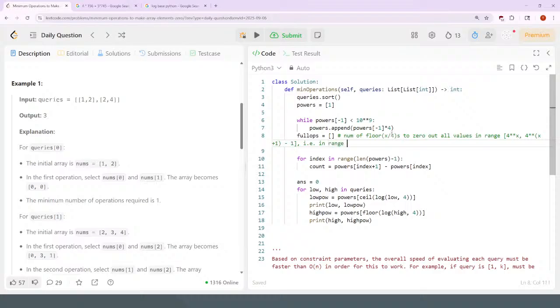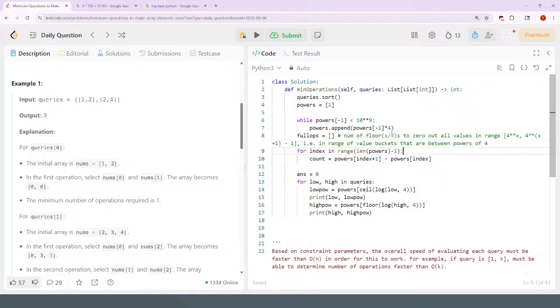A in range of values for values between powers of 4. In range of values for bucket. Range of value buckets that are... I'm not sure how to describe that.